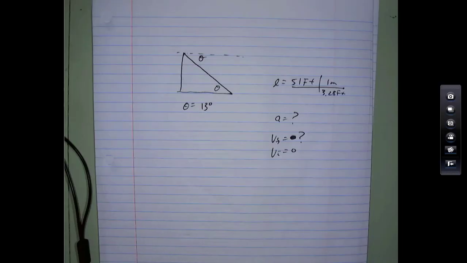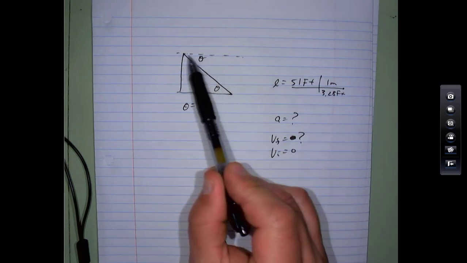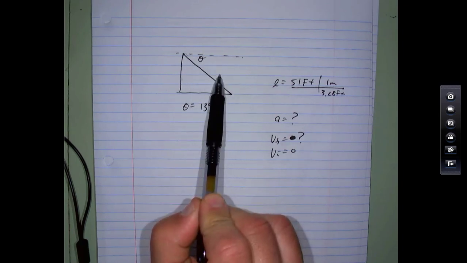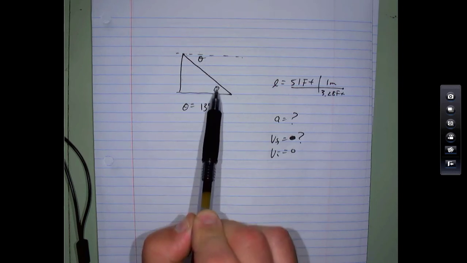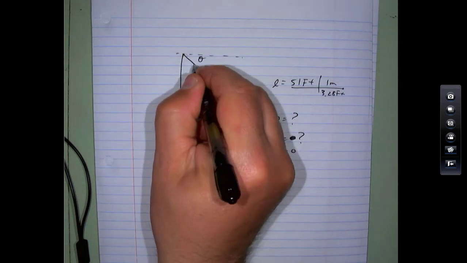They say the track is tilted at 13 degrees below the horizontal. So here's the horizontal, and 13 degrees below the horizontal. That's how they phrase the problem. That's the same angle that we have here. So this is really the same thing as we had: a car on a track.